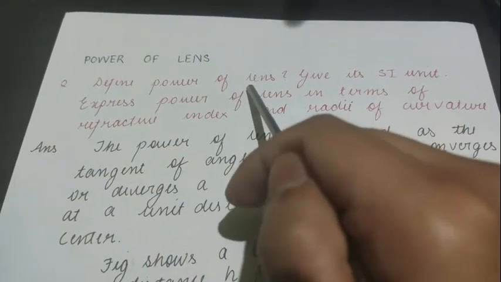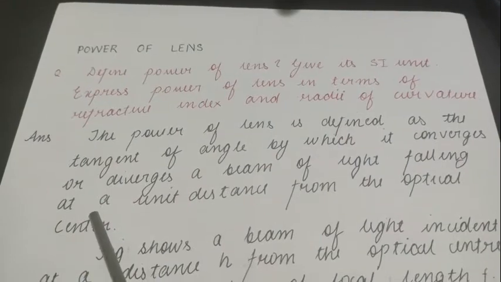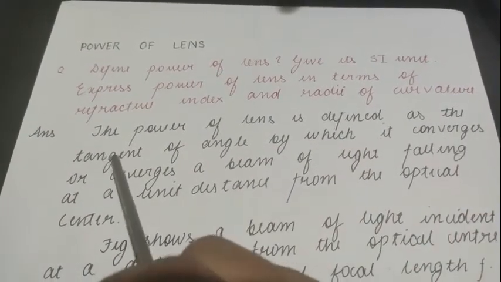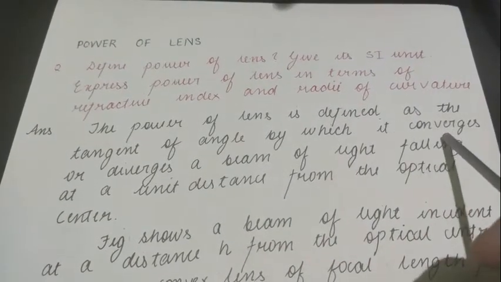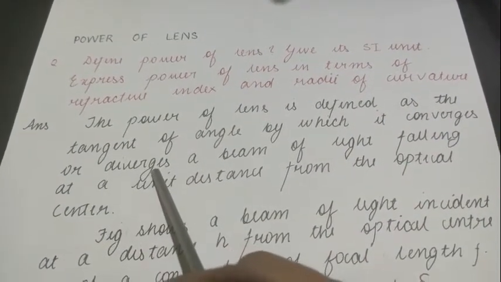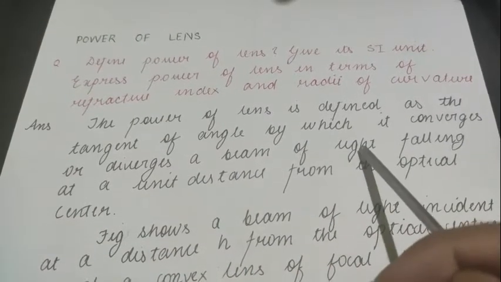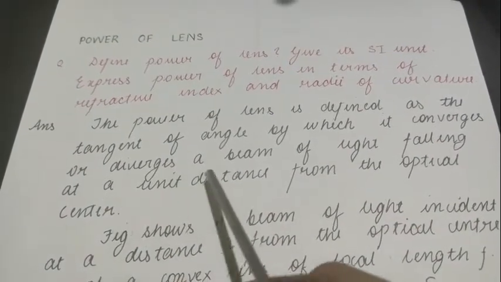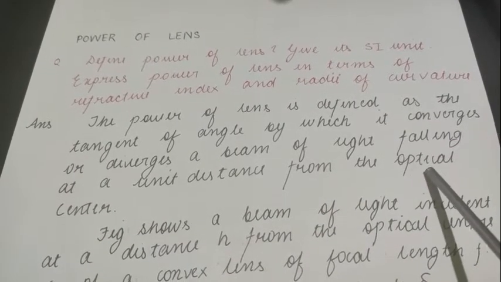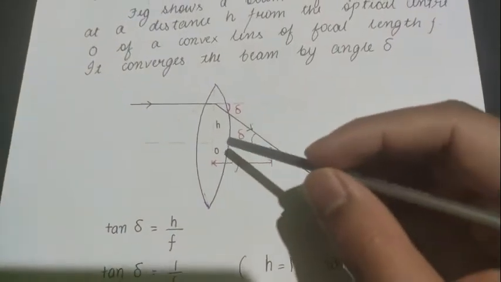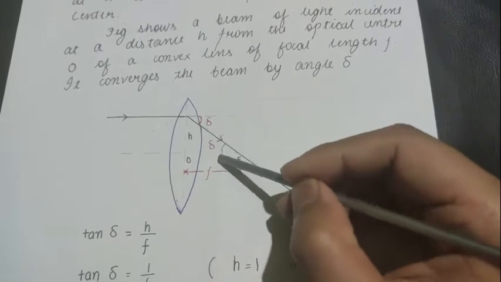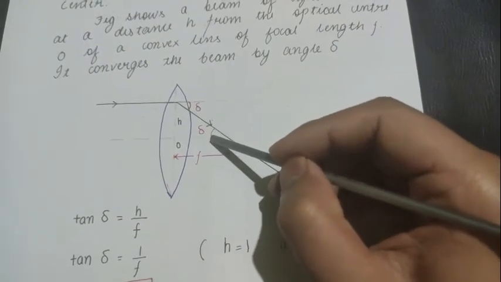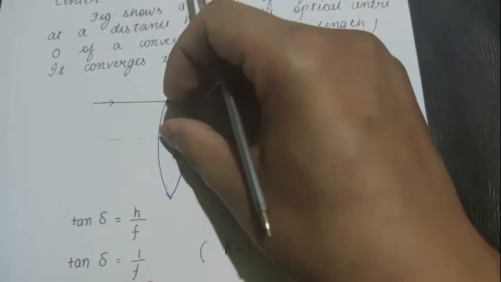Define power of lens. The power of lens can be defined as the tangent of angle by which it converges or diverges a beam of light falling at a unit distance from the optical center O. This means the power of lens means the tangent of this angle by which it converges.